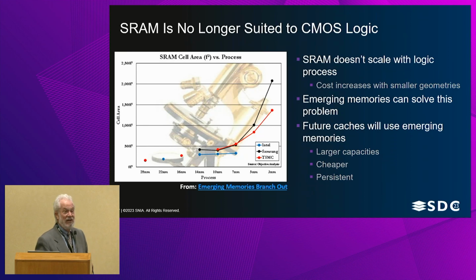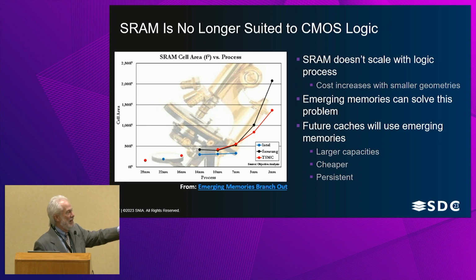Now, I talked about how I was going to talk about SRAM. This is something that makes a whole lot more sense to a chip designer than it's probably going to make to any of you people. But it's a graph of the area of SRAM in F squared, which is proportional to the size of the transistors on the chip.